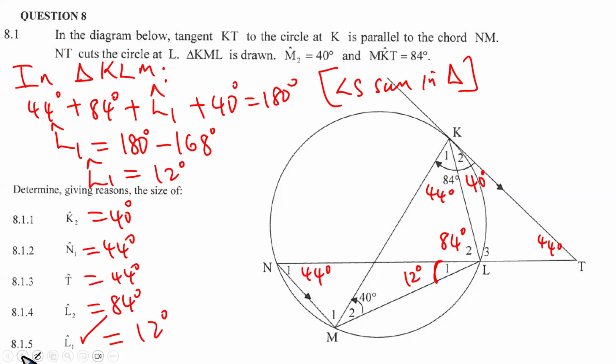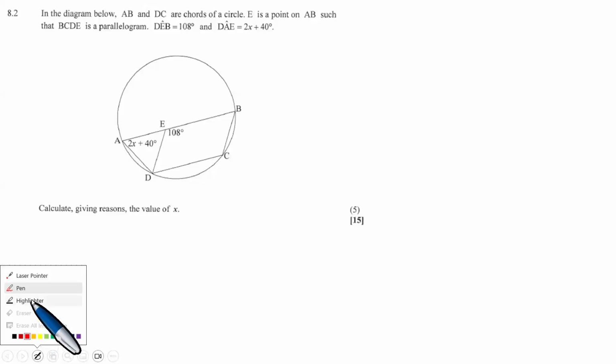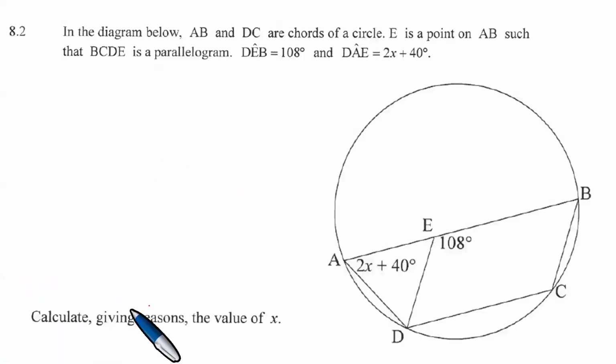Next question. The next question is this one. In the diagram below, AB and DC are chords of a circle.